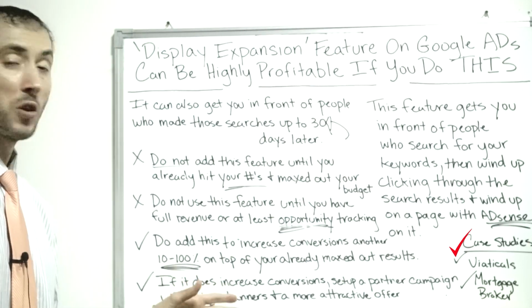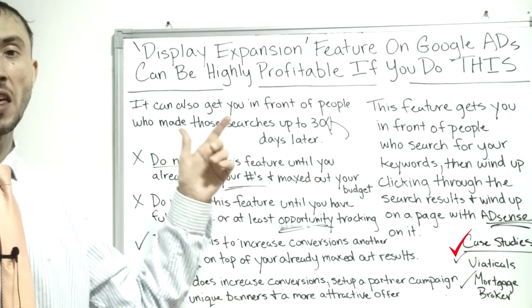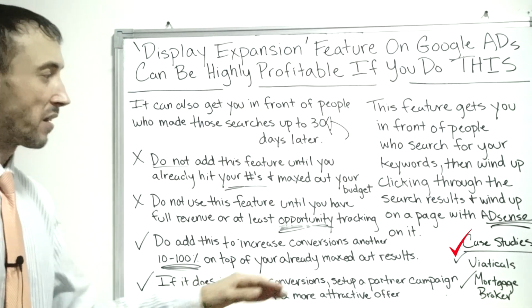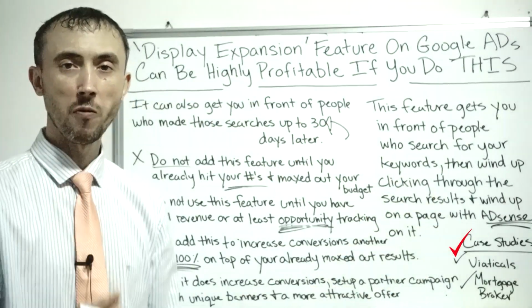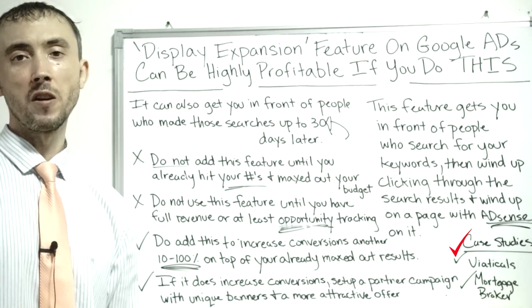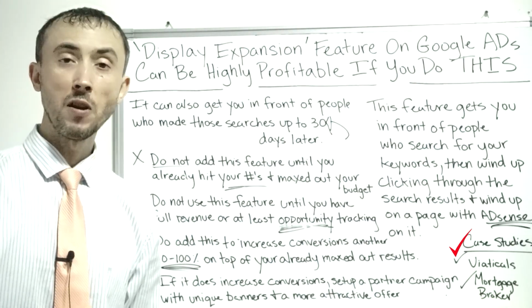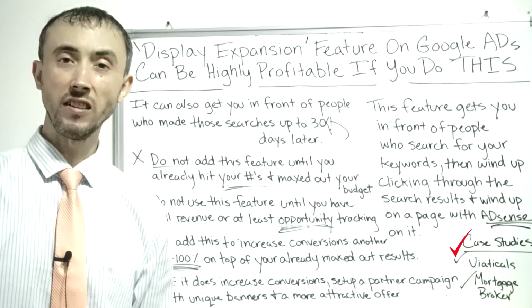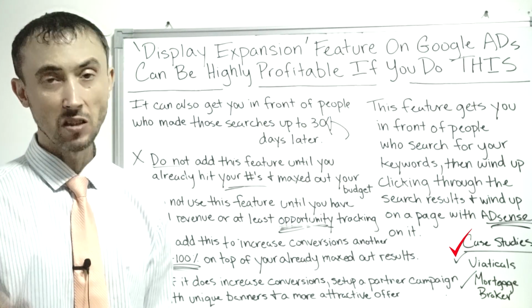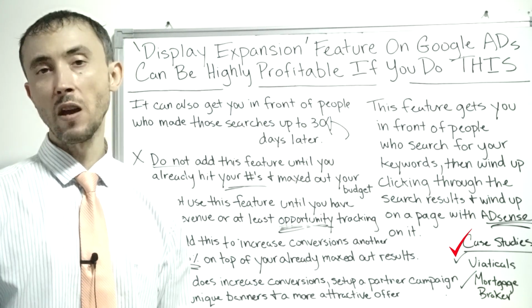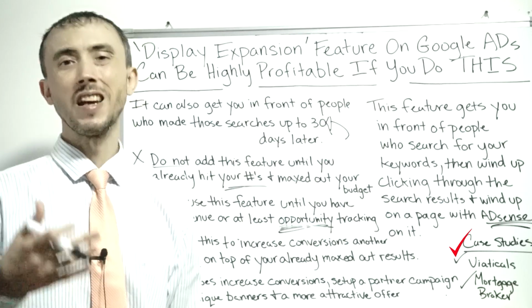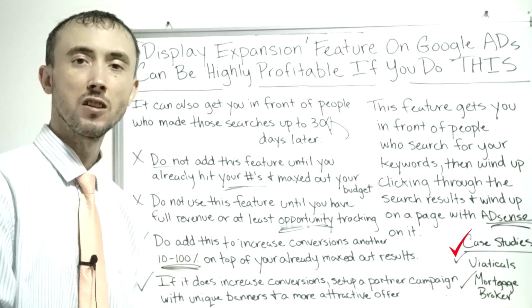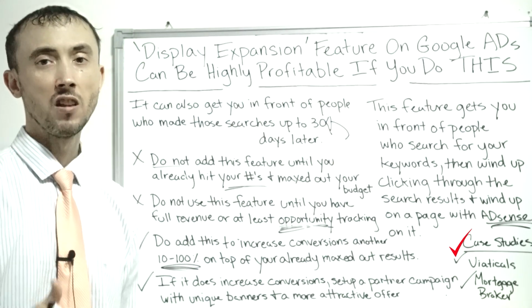So specifically with that, of course we put that on our search ads, but we were able to use display expansion and have it work because that's a bold offer. You need a bold offer in order to get ads that are not running on Google search to work, to get a high click-through rate, because just saying great rates on home mortgages or lowest rates on home mortgages is not enticing enough to get a click-through rate that's going to get you a return like you want.